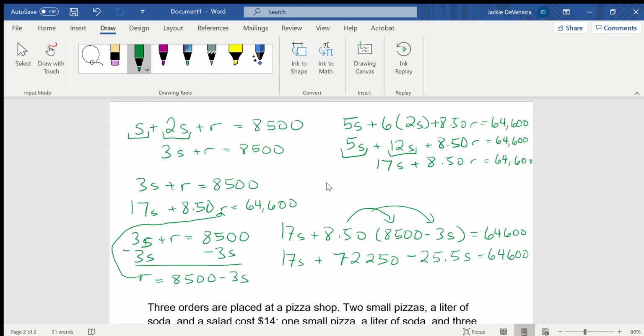Okay, at this point, you want to go ahead and combine like terms. So some like terms we can see over here are the 17S and the negative 25.5S. So if you combine those two together, 17 minus 25.5S, this would give you a negative 8.5S, right?